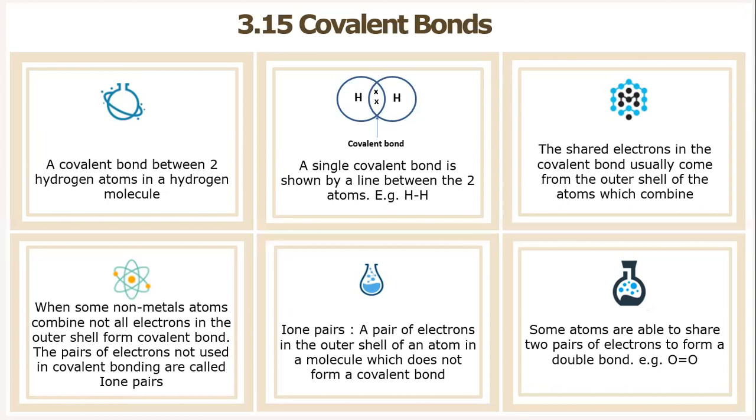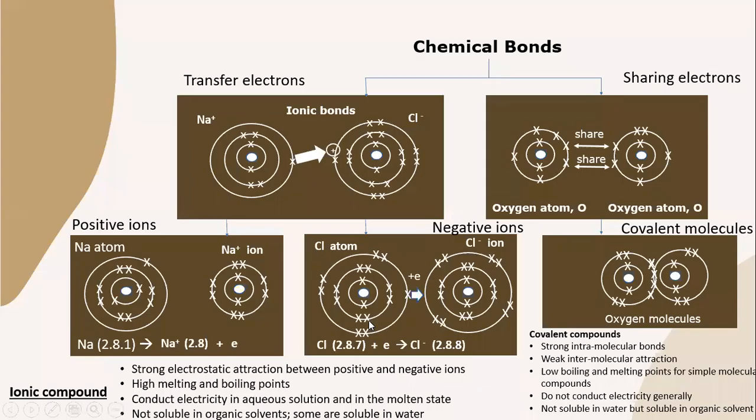And some atoms are able to share two pairs of electrons to form a double bond, for example oxygen. And this is actually a summarization of what I already emphasized in the previous slide, so just go through it a little bit. And there is some additional information about the properties of covalent compounds and ionic compounds.